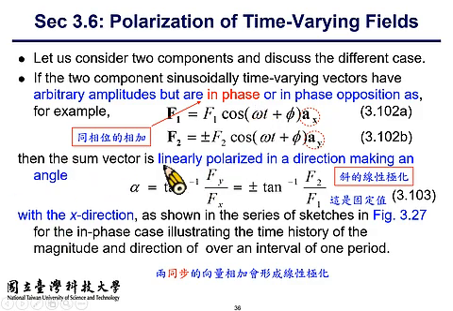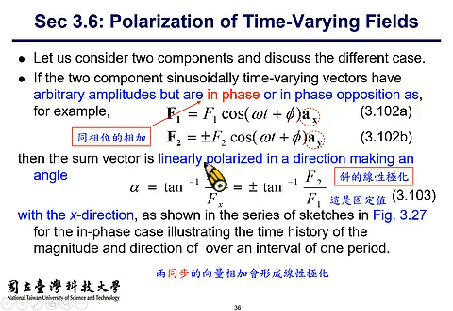Alright, so the sum of the two components still adds up as a linearly polarized wave. Why? Because they are in phase. The two functions are in phase. They change at the same rate as time changes. And as you can see here, it's linearly polarized with a slanted angle.